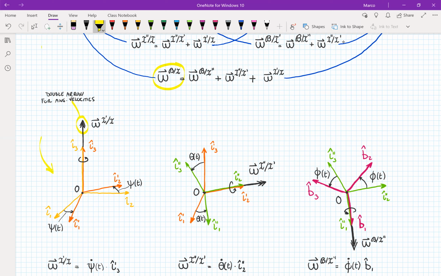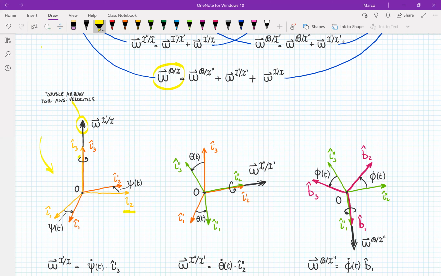So we have the first rotation. And so we're switching from the inertial frame of reference expressed with the yellow versors to the I prime frame of reference expressed with the dark orange versors. So the first rotation happens about the z-axis.